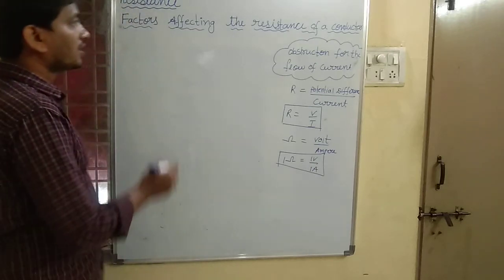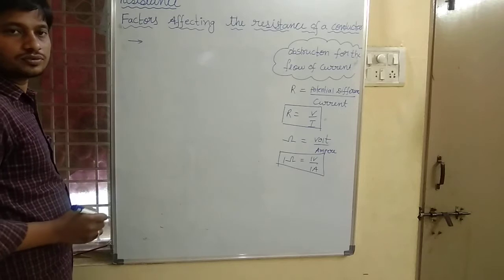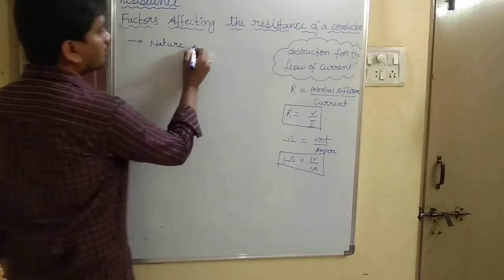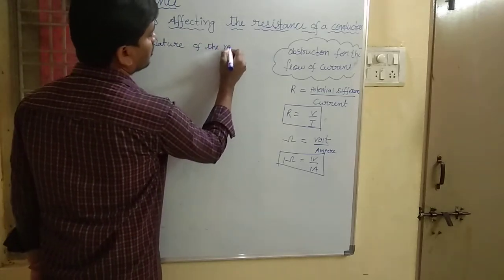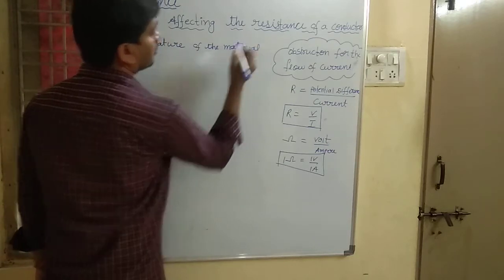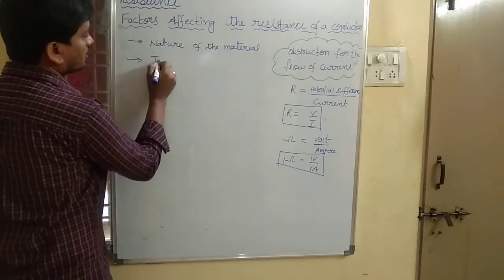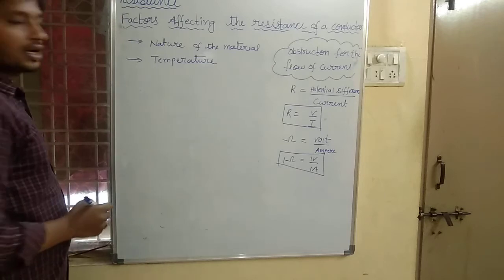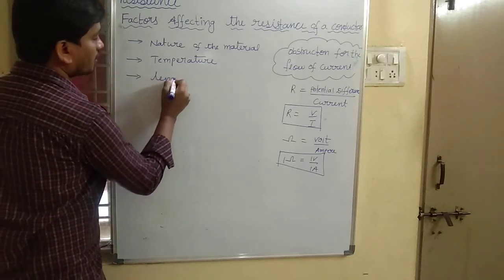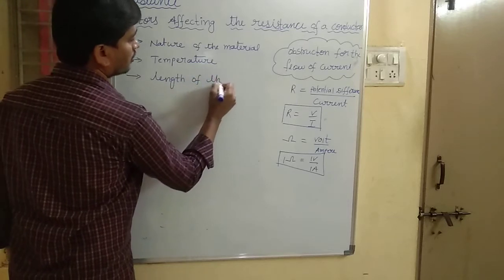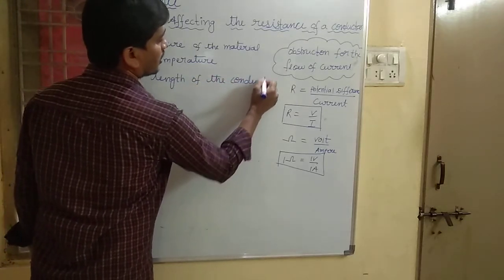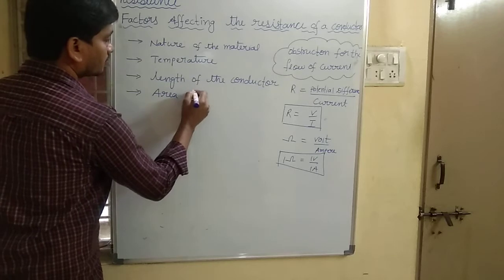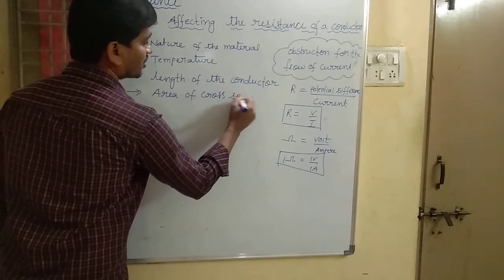So the factors affecting the resistance of a conductor are: the first one is nature of the material, second one is temperature, the third one is length of the conductor, and fourth one is area of cross section.